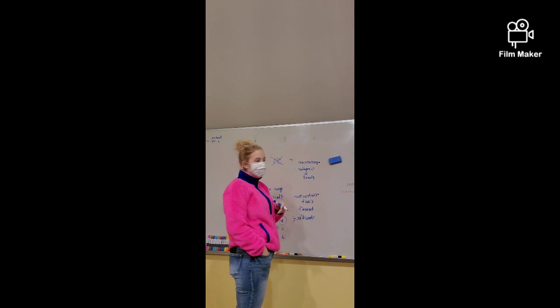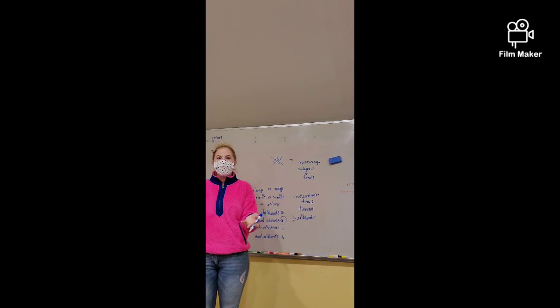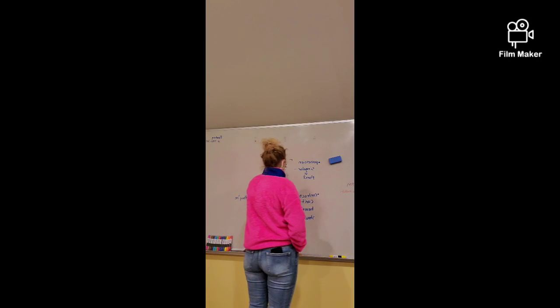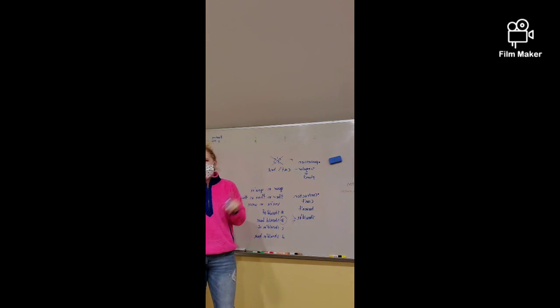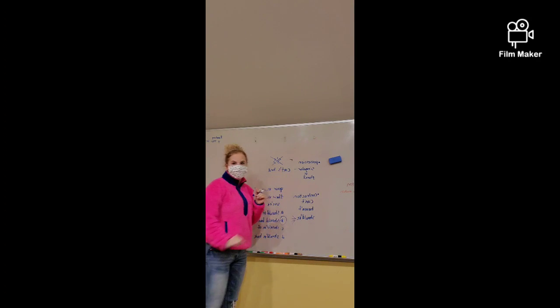So I'm going to talk about a cat's bed. I'm going to say the cat's bed is in the living room. There's the cat's bed. How many cats do I own if I write that? One. Just one, because the word is singular and then apostrophe S.